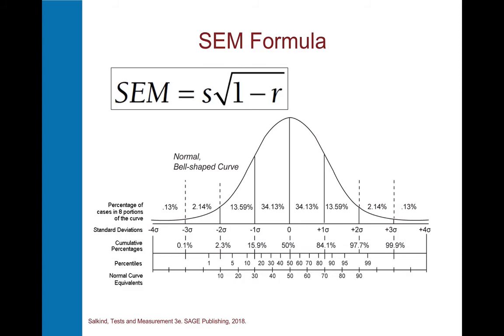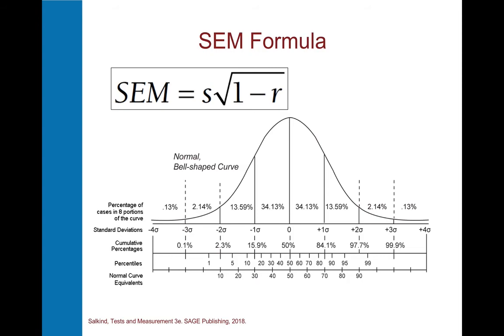So if you take 18 minus 3.6, that's 14.4. 18 plus 3.6, that's 21.6. So we can be 95% confident that his true score is between 14.4 and 21.6. And that's based on the best estimate that we got, which was an 18.